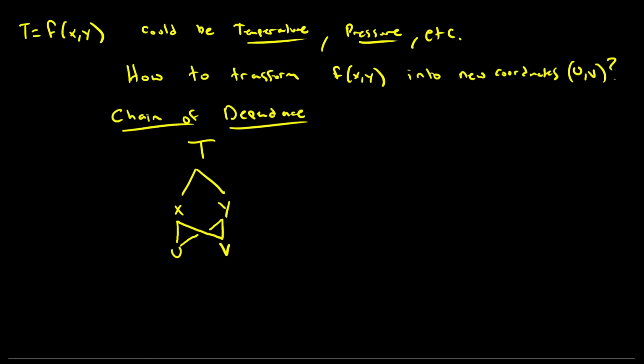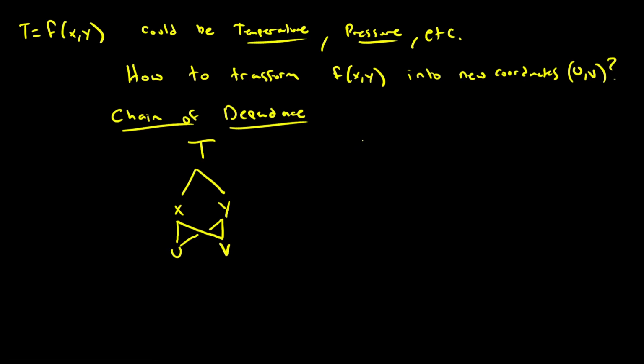So really what we have to do when calculating the relationship between, say, the derivative of T with respect to x and the derivative of T with respect to u, and the derivative of T with respect to y and the derivative of T with respect to u, is rely on the multivariable chain rule. And this is relatively straightforward to go through and do.